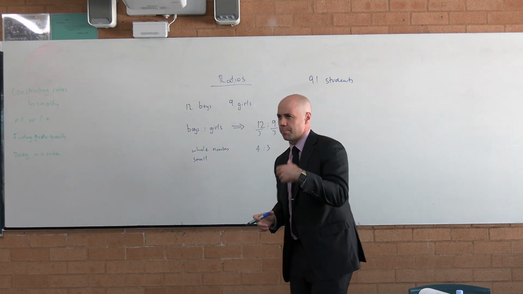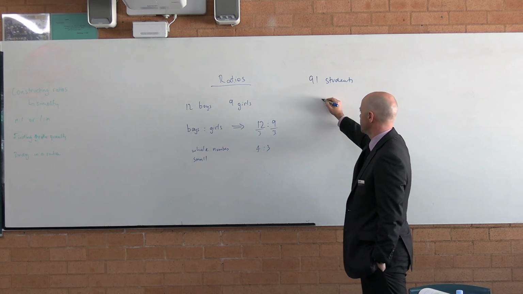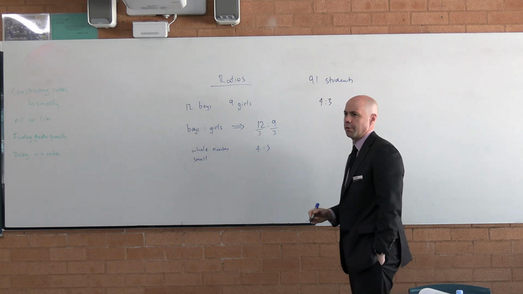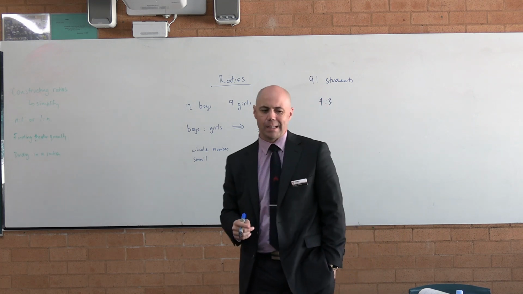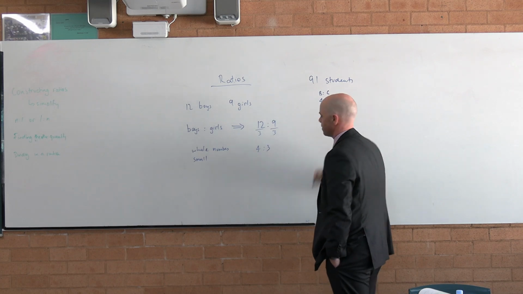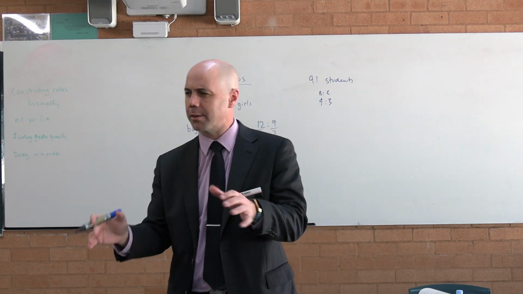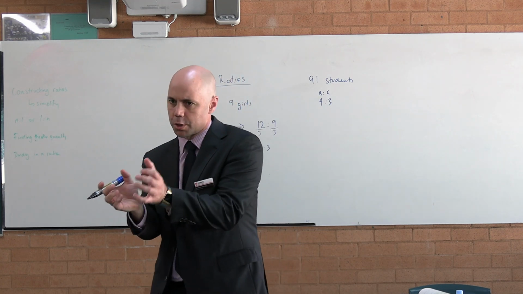And this is probably the most difficult part of ratios, and it's where thinking about fractions is important. First of all, this is our boys to girls ratio: 4 boys, 3 girls. That's almost like your smallest group.